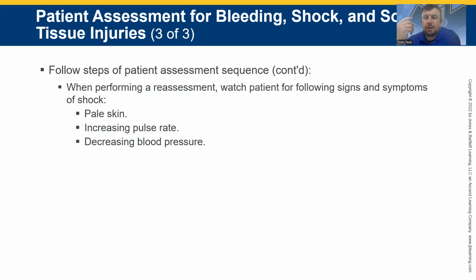What shock does is, your body's this awesome machine. It will pull blood away from all your unnecessary things like your arms and your legs, and pull all the blood into the middle, into your core. The way it does that is it constricts all your vessels, arteries, and veins. So everything's tightened up around your extremities so that blood doesn't flow there as easily.